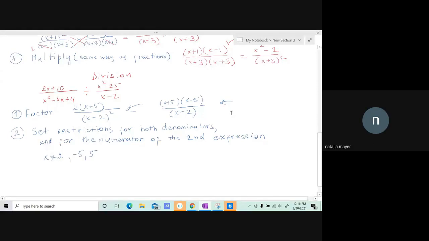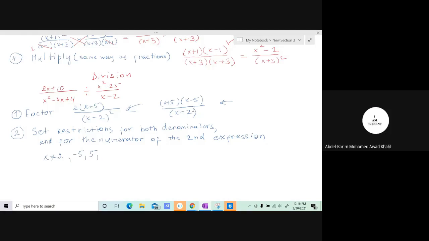The second part is that for the division, you do both denominators and the numerator of the second expression only. You do not think about the numerator of the first expression. Don't care about it. Why? Because when you flip it, it will become a denominator. So that's why you will have to exclude the zeros for the numerator as well.